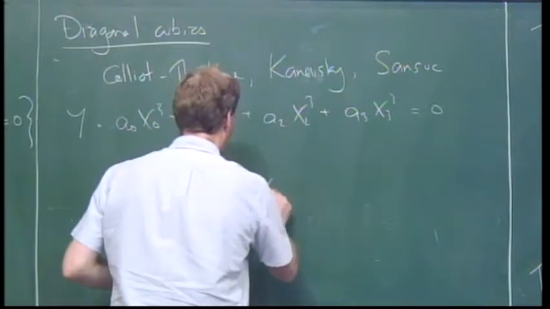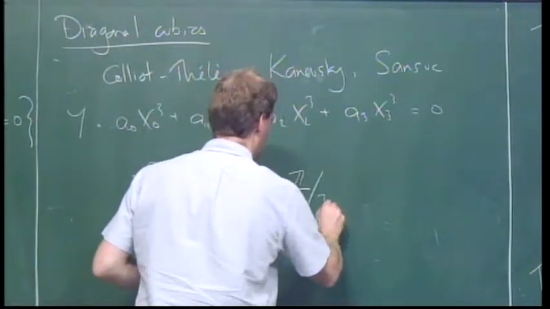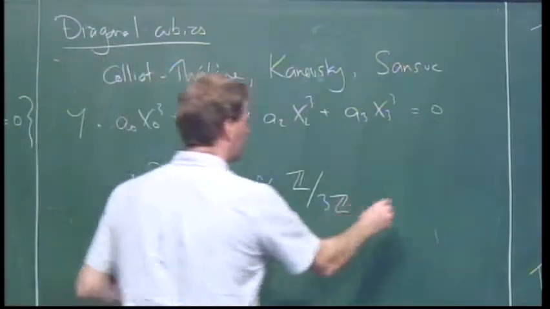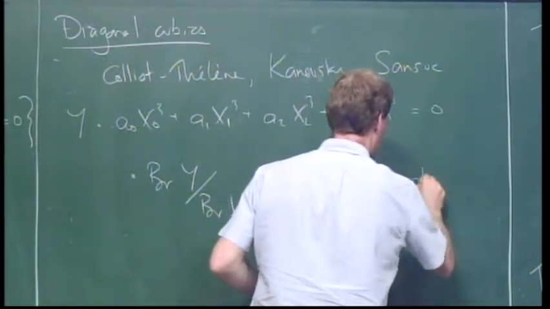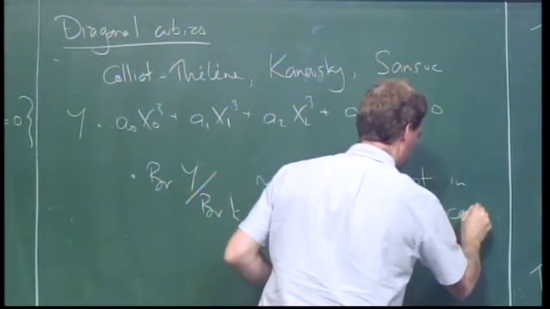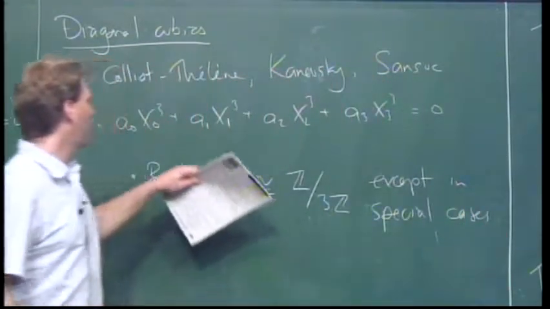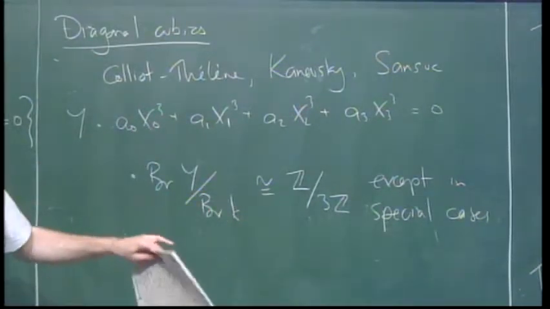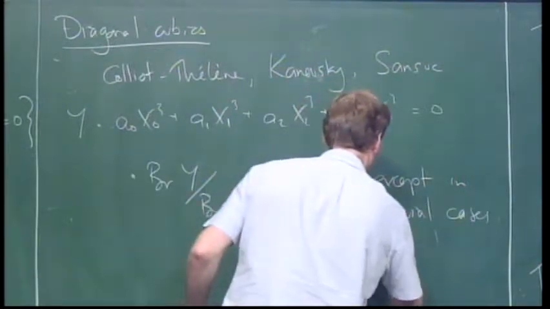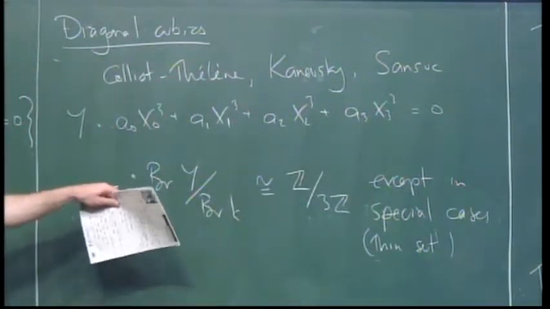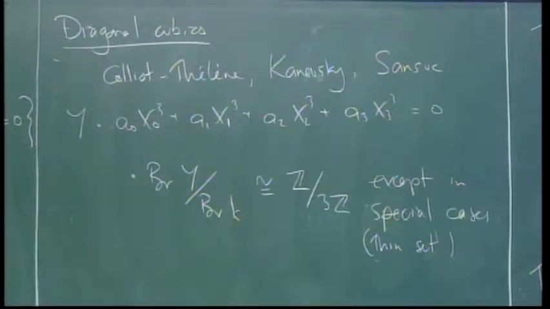So this thing has order 3, except in special cases, and these are things like a1 over a0 is a cube or something like that. That happens on a thin set. So in particular, for 100% of the members of our family, this is true.